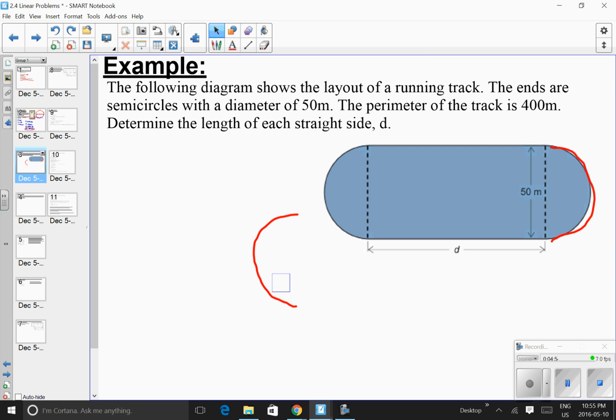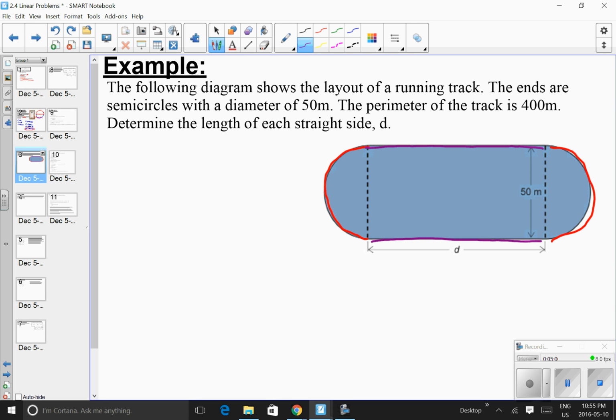The full track also has that straight side that we're looking for, and another straight side that we're looking for. So the perimeter of this thing is equal to one semicircle plus a straight side plus a semicircle plus a straight side.